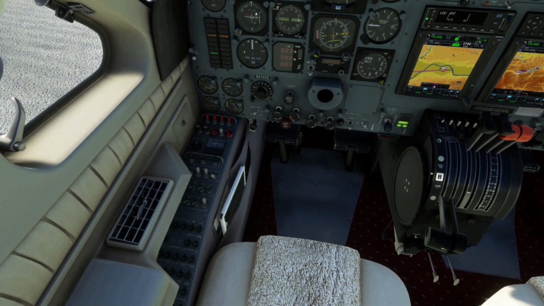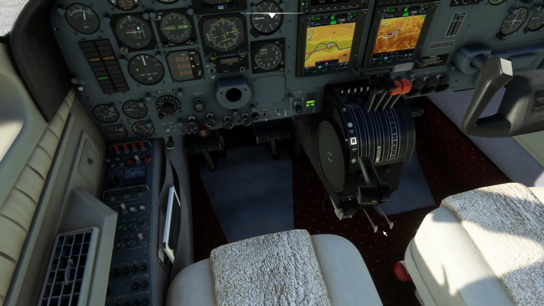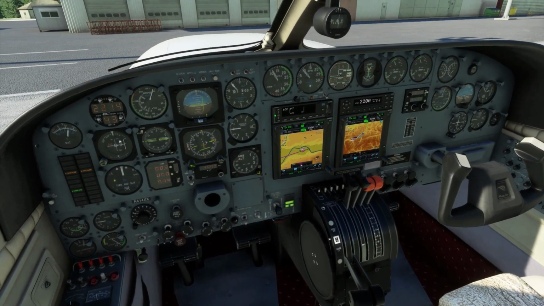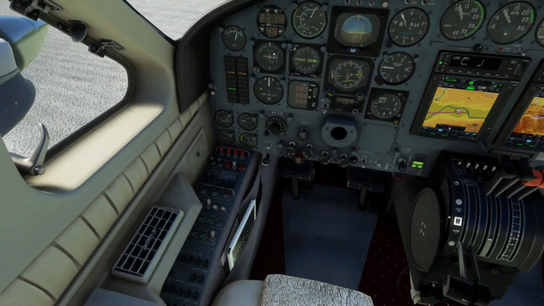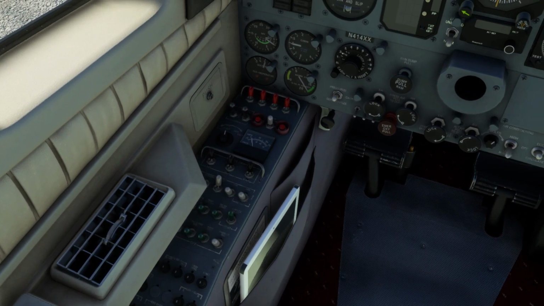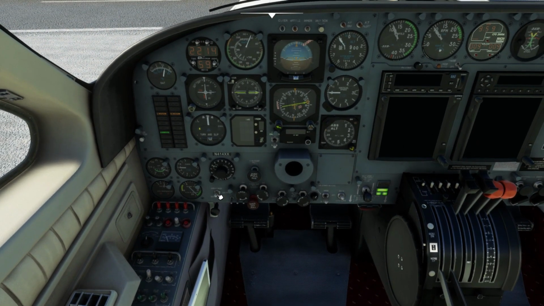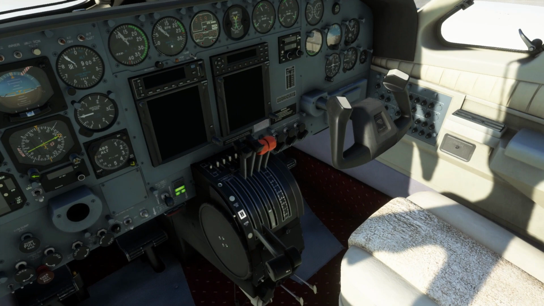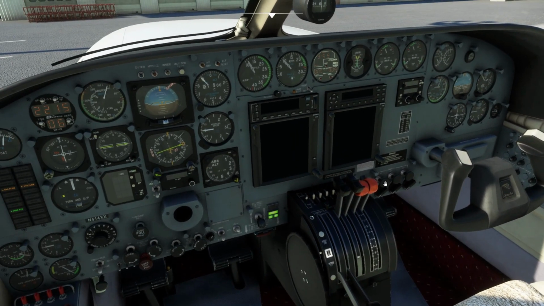Pumps can go off. Taxi lights can go off. These are okay. Okay. Avionics can go off. Depressurize the aircraft if need be. We can actually, well, not yet.